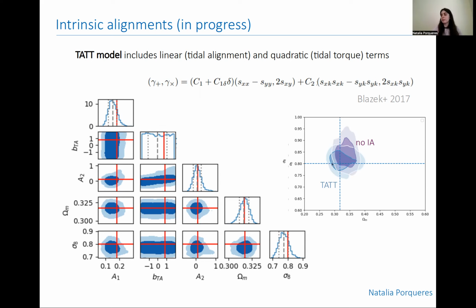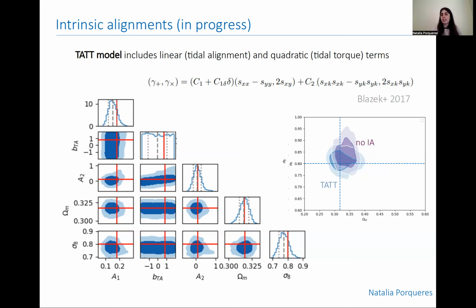We're getting maybe a bit of information on sigma 8, but not much on omega m. It seems to broaden the contour a bit here. I see. And this sort of model matches well to full hydrodynamic simulations where you actually form galaxies. Right. So this is the best model that we have.